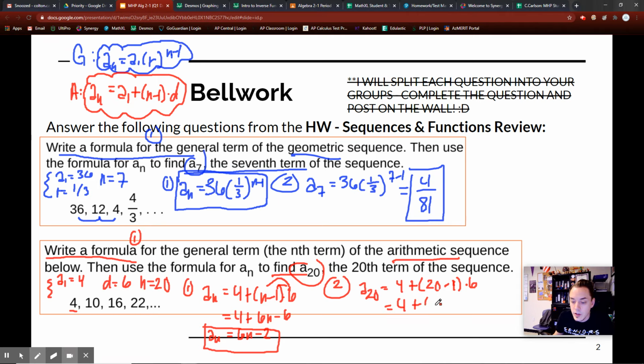This is 4 plus 19 times 6. If you need a calculator, by all means, just use Desmos, but 19 times 6 is 54, so you got 4 plus 54, and then you got 58.